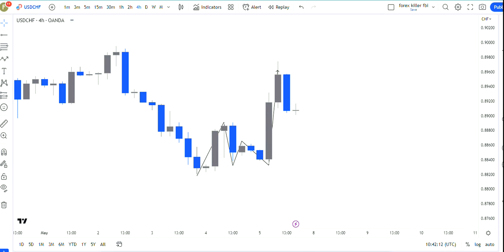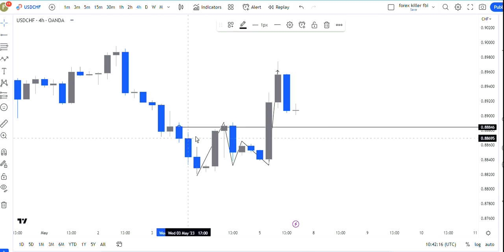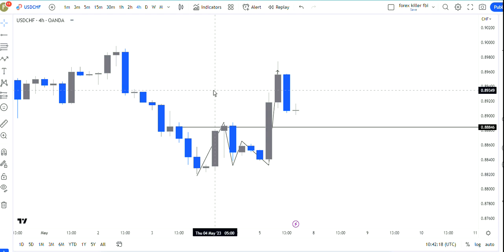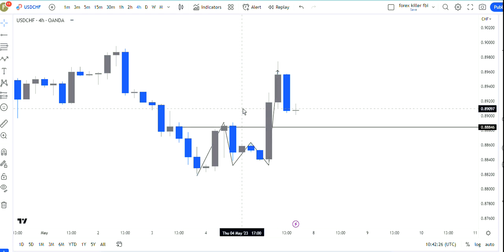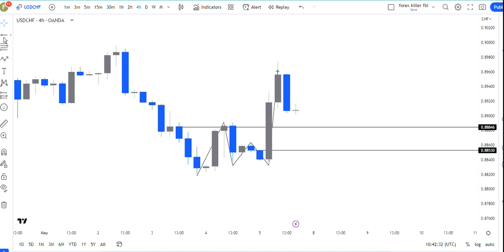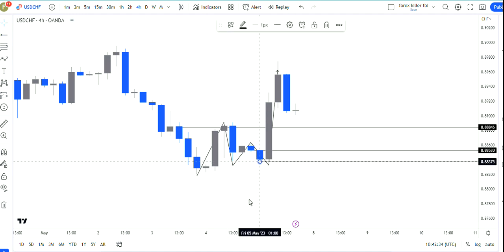We have a change of character here, that is a shift. But inside the shift we have two things. We have an overthrow around this area, but below the overthrow we have an OB, a buy order block around this area.